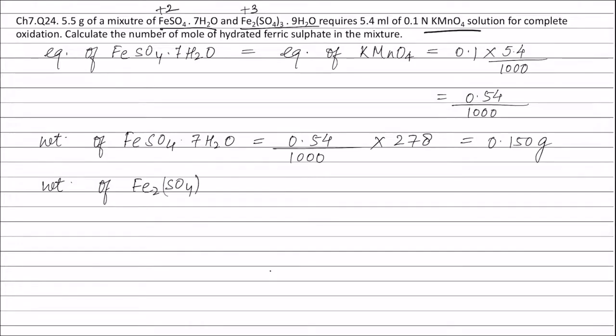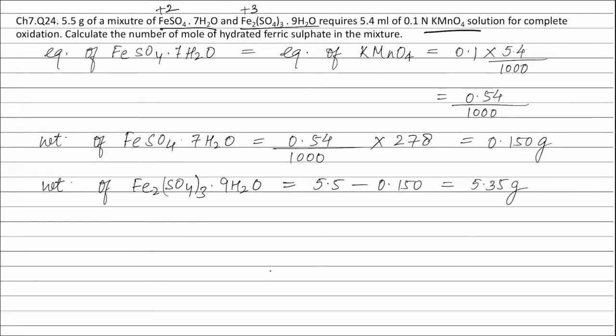Therefore, weight of Fe2(SO4)3.9H2O is equal to weight of the mixture, that is 5.5 gram, minus weight of FeSO4.7H2O, that is 0.150 grams, and this is equal to 5.35 grams.